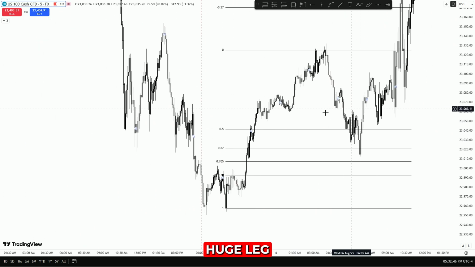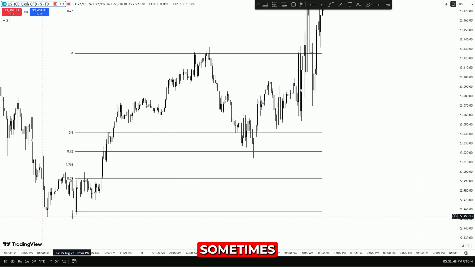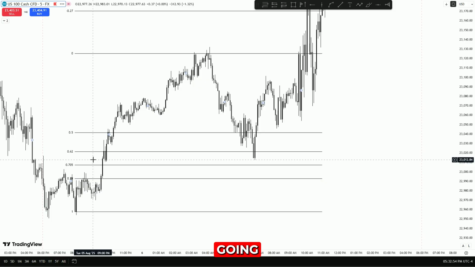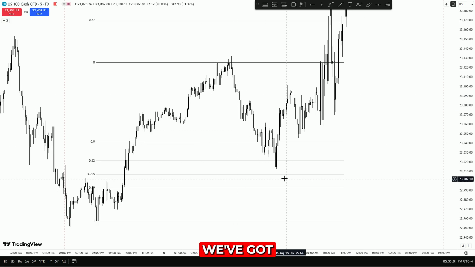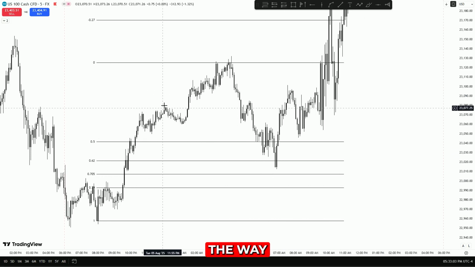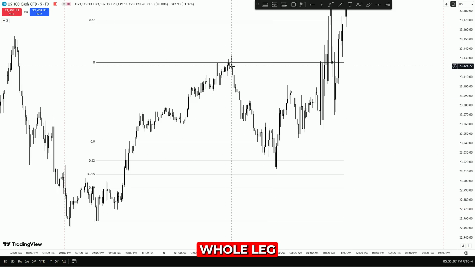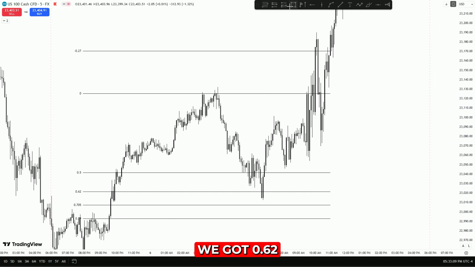Now this is a huge leg. Sometimes we plot this whole Fibonacci on trends to identify what the market is going to do next, and this is done on the higher time frames. As you can see, we have the OTE level. We don't know which way we're going to retrace, so we plot our OTE on this whole leg, and we get the 0.62 level.